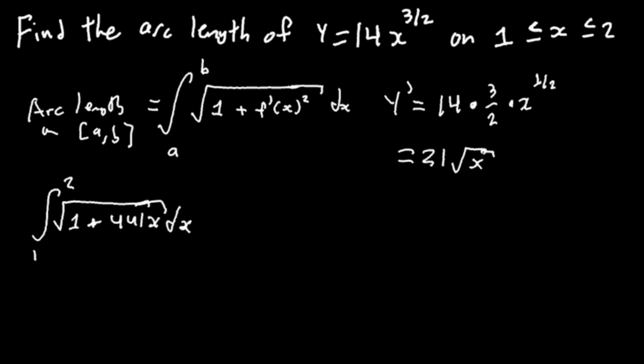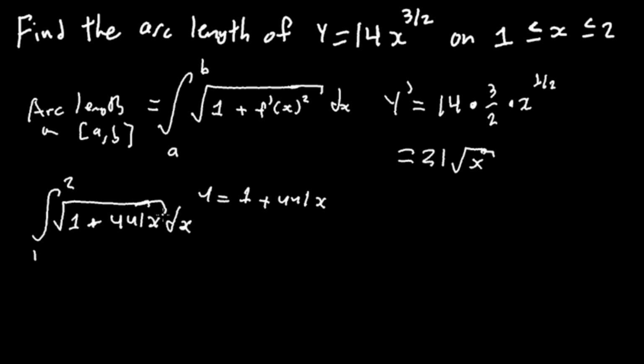Alright, now what we can do is perform a u substitution. We can let u be 1 plus 441x. Now the reason I'm doing this is because I don't know how to integrate this function, but I know how to integrate the square root function. And I know that when we differentiate this, when we find du, it's just going to be some multiple of dx.